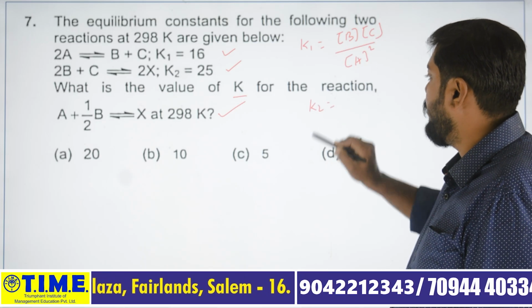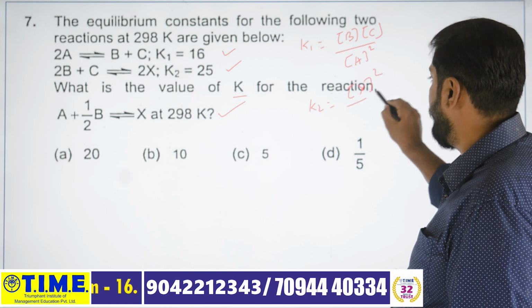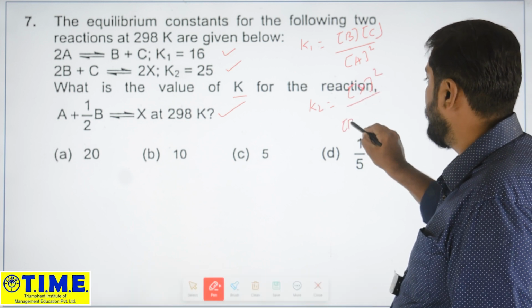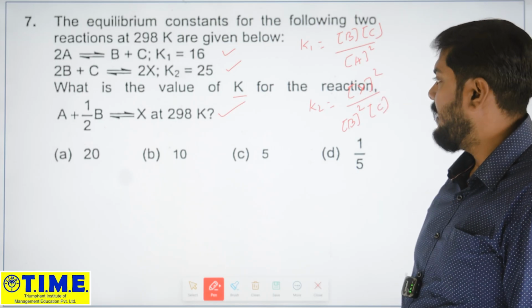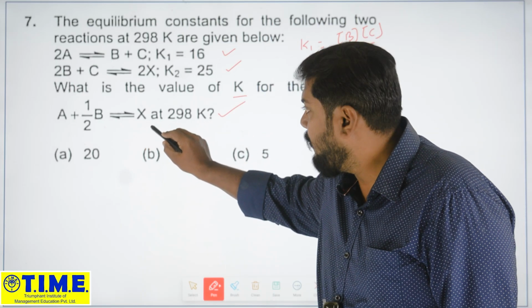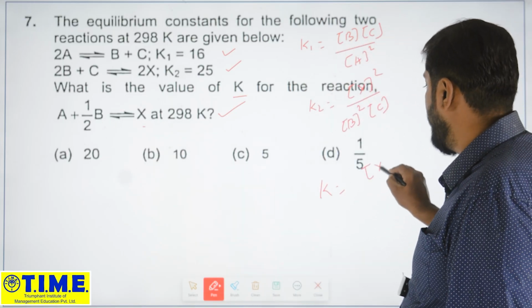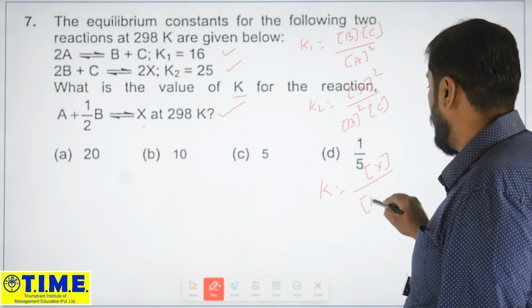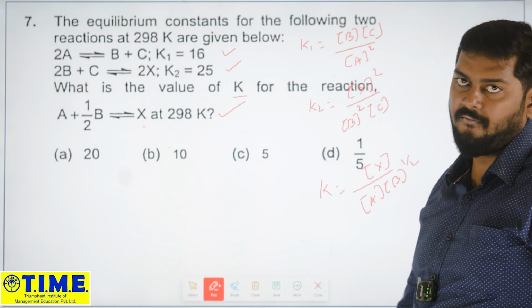And similarly, K2 is going to be the concentration of X power 2 into the concentration of B power 2 into the concentration of C. And we are asked to calculate the rate constant, that is K, for this equation: K equals concentration of X divided by concentration of A into concentration of B power half.